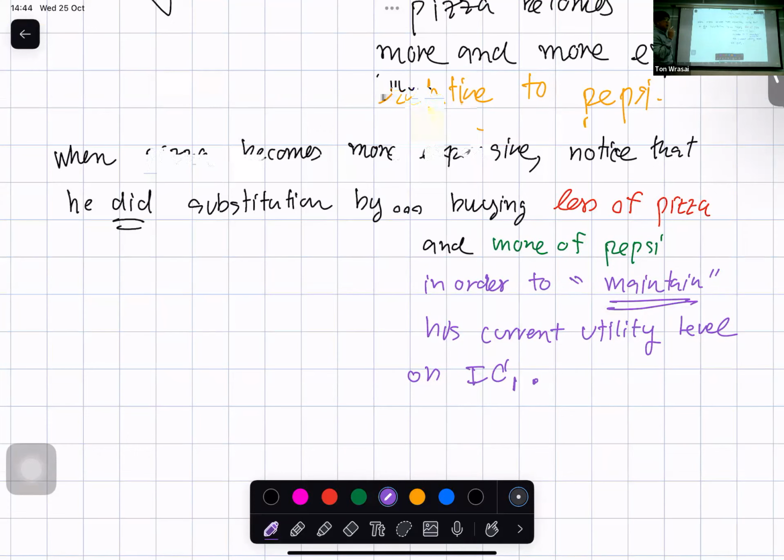He made this smart move. He did substitution, buying less of the good that becomes more expensive, that is, less pizza, and buying more of the good that becomes relatively cheaper, that's Pepsi. By doing so, he successfully maintained his current utility level on IC1. He did substitution on purpose, with purpose.